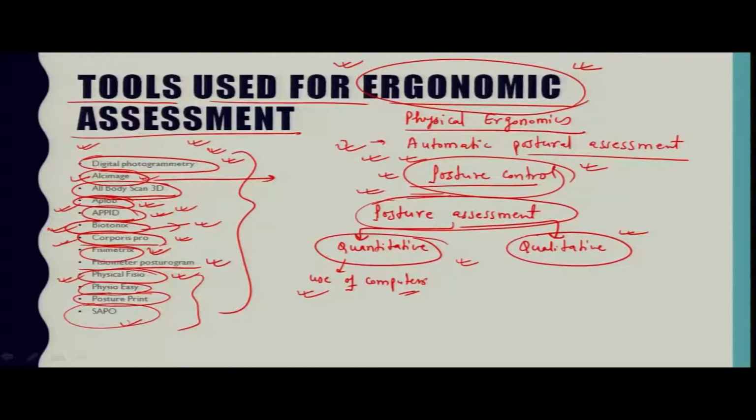SAPO is basically based on scanning and enables various functions like image calibration, use of zoom, free marking of points, and measurement of distances and body angles, with assessment either standardized or specifically directed by a professional ergonomist.